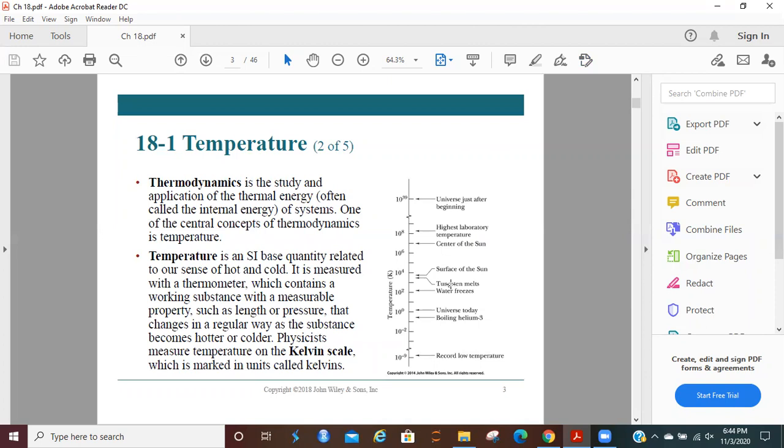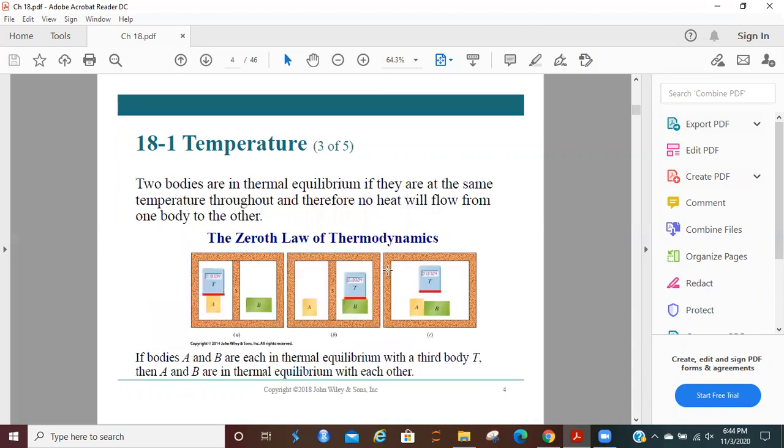Once you hit 0 Kelvin, that is absolute zero. You're not going any lower than that. The same cannot be said of Celsius or Fahrenheit. And so this is one reason why it's used in scientific studies.